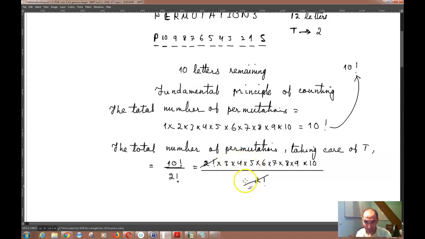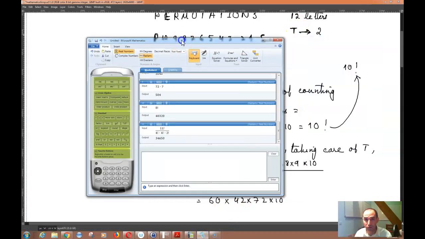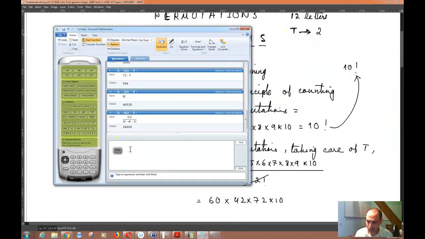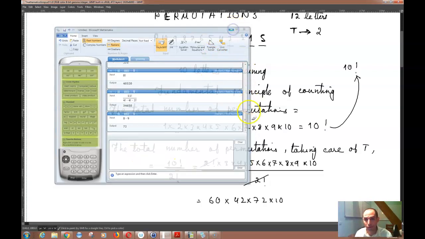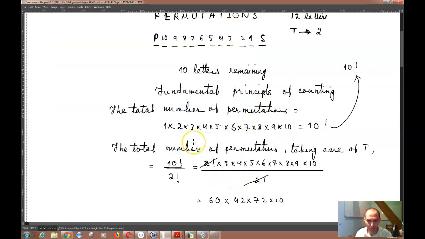to 60. That's 60 times, for example, 42, 72, 42, 72 times 10. 7 times 9 is equal, 8 times 9 is equal to 72. Is that right? 72 and 42. Okay. And then you have all of these numbers here.